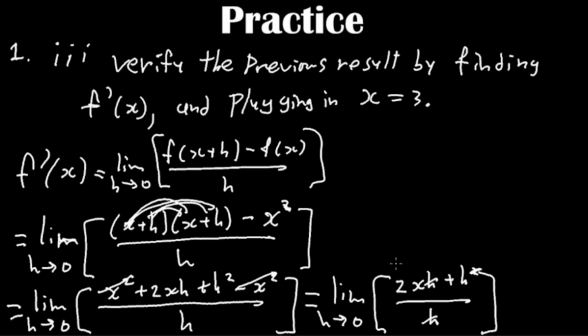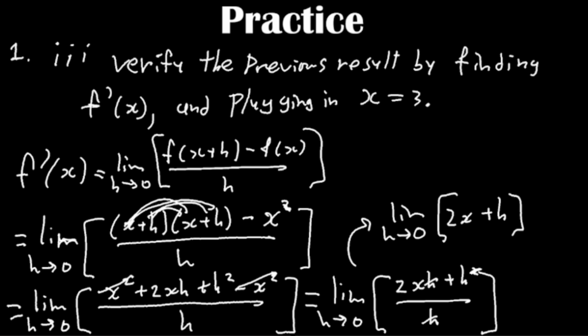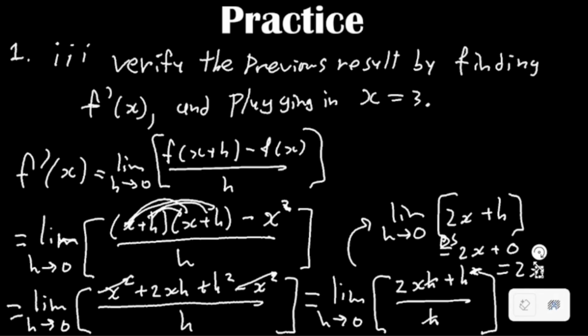So this just becomes h. So this becomes the limit as h goes to 0 of 2x plus h. And now we can actually use direct substitution because we don't have any issues that will occur, right? We don't have a denominator that's going to 0. So we can plug this in. So that's just 2x plus 0, or just 2x. So that is our derivative of x squared.